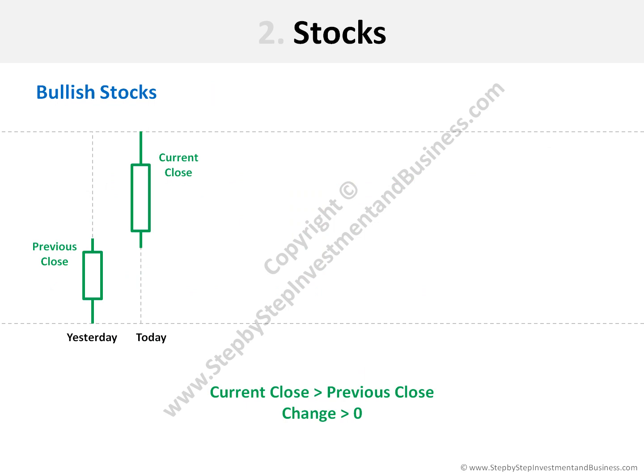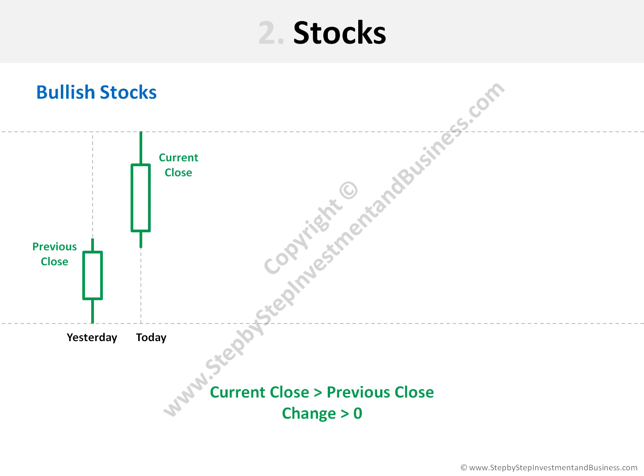Now, let's consider some examples of bullish stocks. We have a bullish stock when its current close is higher than its previous close. That is, when the change, which is the difference between the current close and the previous close, is greater than 0. Here we can see the following. On the left, we have the candlestick that represents the stock prices of yesterday, and on the right, we have the candlestick that represents the stock prices of today.